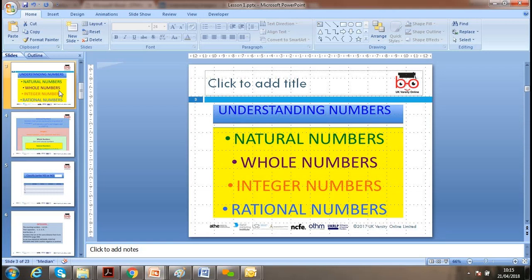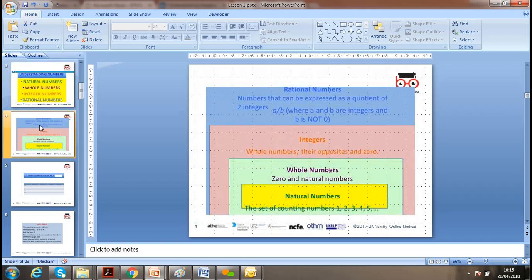So that's what we're going to learn first. Rational numbers, numbers that can be expressed as a quotient of two integrals, a over b, where a and b are integrals and b is not zero. So we'll go through rational numbers in the next few slides.